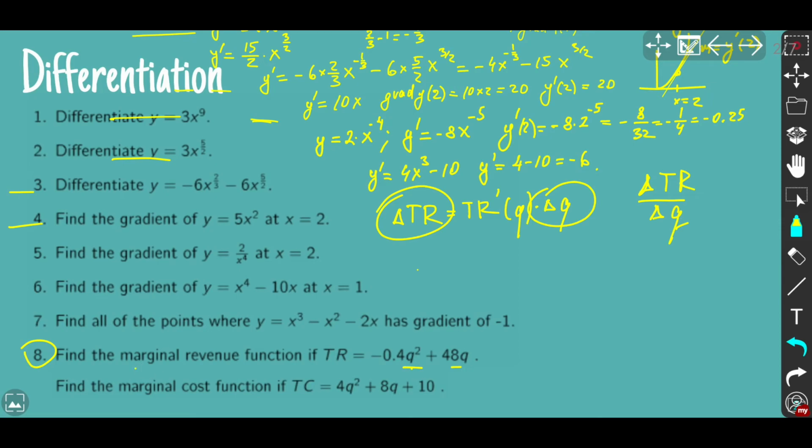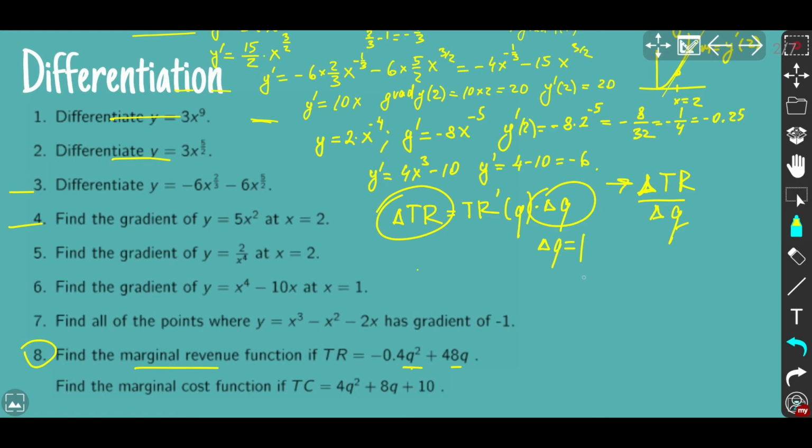So marginal revenue tells you how much the revenue will increase or decrease if you sell, let's say, an extra 1 unit of production of goods. So that means your delta Q is simply 1, and the marginal revenue will indicate the increase in revenue after selling this extra 1 unit.